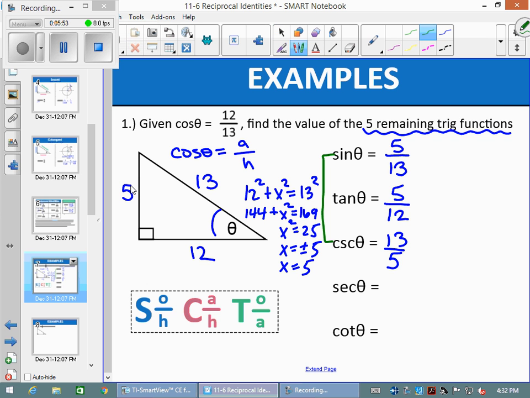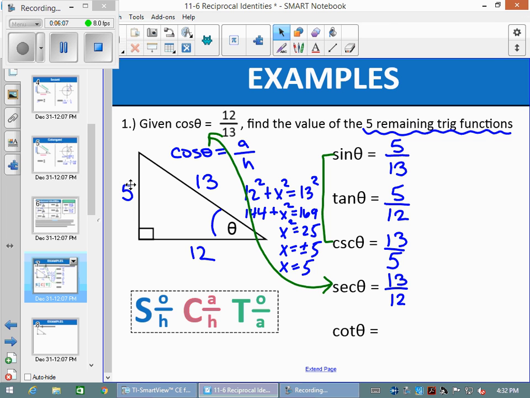So cosine is what we were given originally, so I'm going to take a look at that 12 over 13 ratio and find the reciprocal of it, 13 over 12, and that's going to be my secant of theta. And the last reciprocal relationship is tangent to cotangent. So the tangent of theta was 5 over 12, so the cotangent of theta would be 12 over 5, its reciprocal.